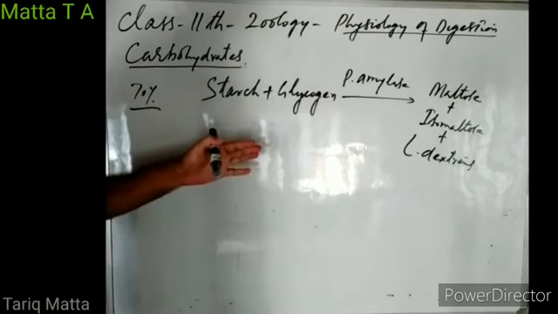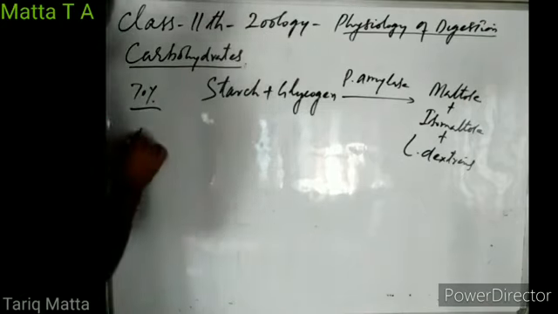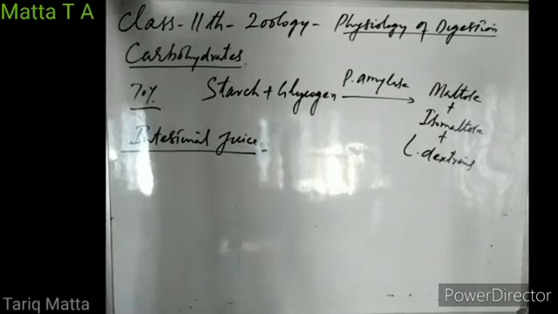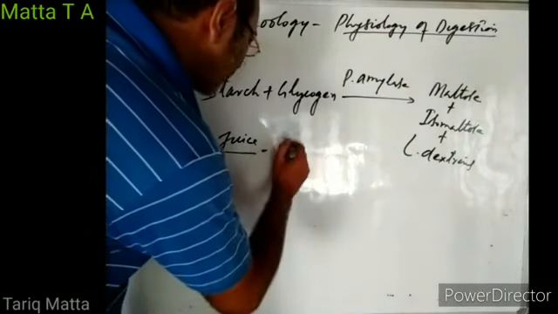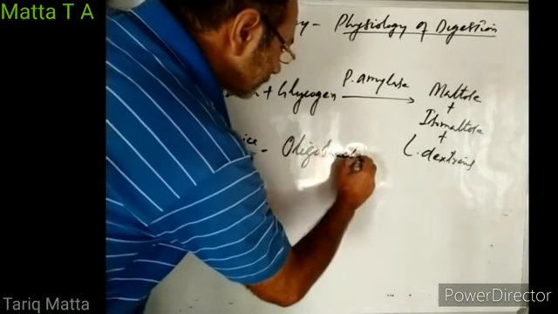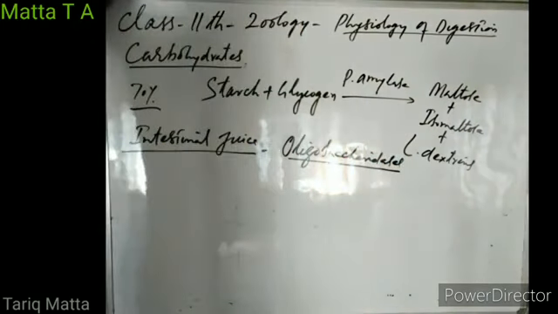Now the food comes in contact with intestinal juice. In intestinal juice, we have carbohydrate digesting enzymes known as oligosaccharidases.